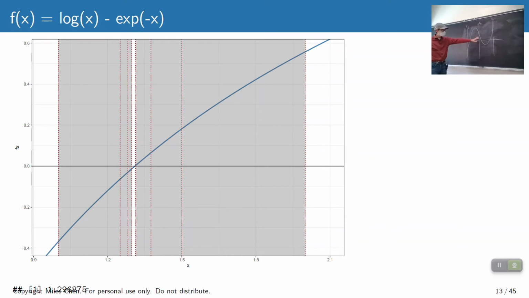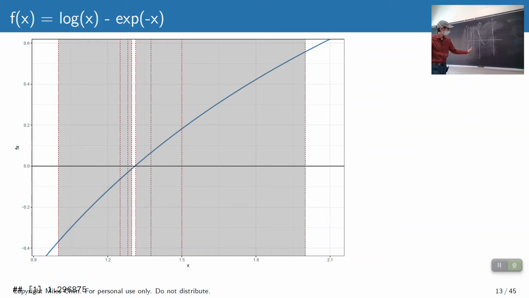It's not going to recognize that there's actually two roots between here and here, because as far as the algorithm goes, f at the midpoint is positive, f on the right is positive, and it's going to say, well, we're not guaranteed to have a root in here. There is, and you would only know this if you graphed it. But we're just going to say, okay, there has to be a root here, and then we're going to split this, and this is positive, and just keep going, and eventually we'll get there.